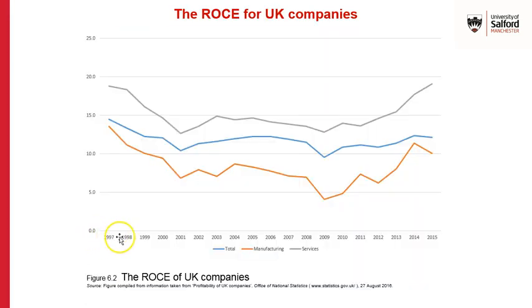Here's a little review of the ratios. Return on capital employed for UK companies, and as you can see, manufacturing doesn't do as well as the service industry in this country. Service industries dominate.